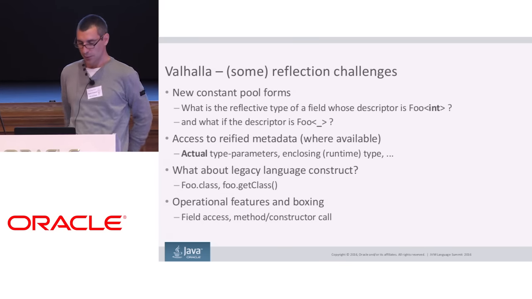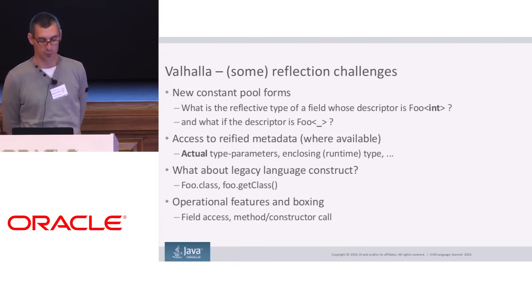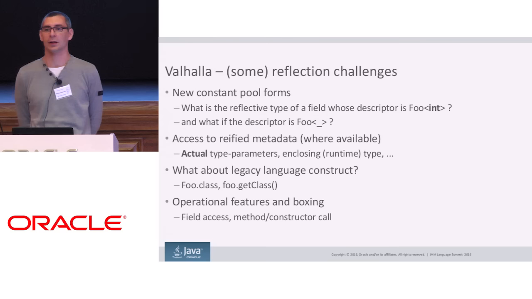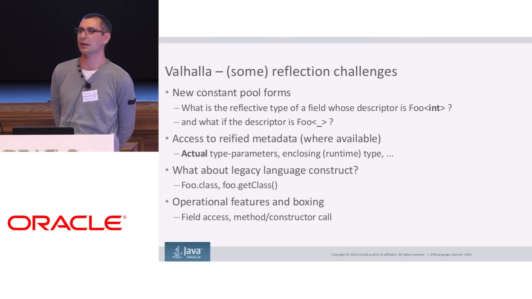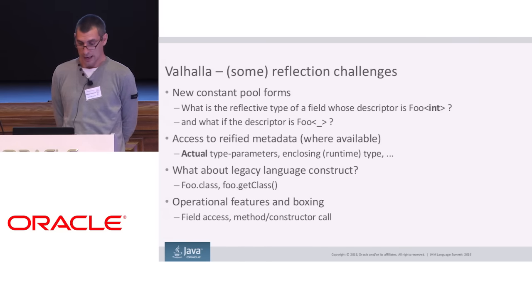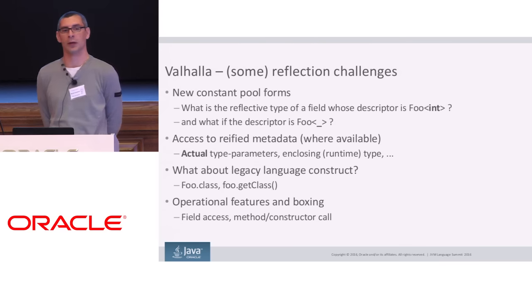There is also the question about what to do about legacy constructs, such as Foo.class and foo.getClass. As Brian told us before, it's not clear whether such constructs refer to the template class, or the array specialization, or to something else. And last but not least, how the heck do we implement reflection in an efficient way?